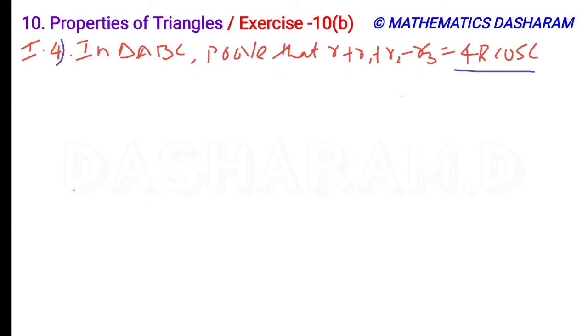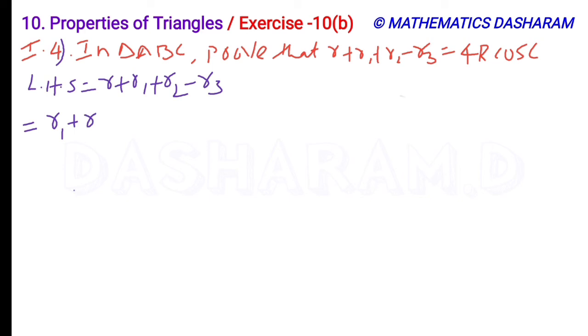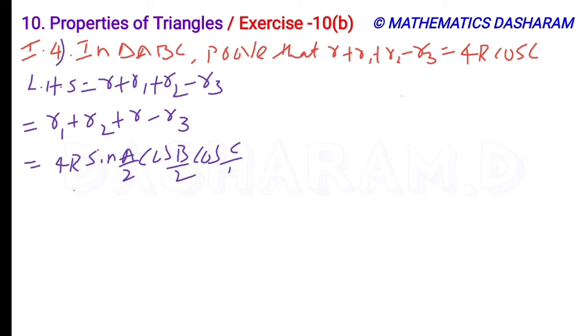So LHS equals, so now we need to change the position of the terms in the given LHS. So r1 plus r2 write first place, next to r minus r3. Now substitute the formulas for these four. r1 formula is 4R sin A by 2 into cos B by 2 into cos C by 2.